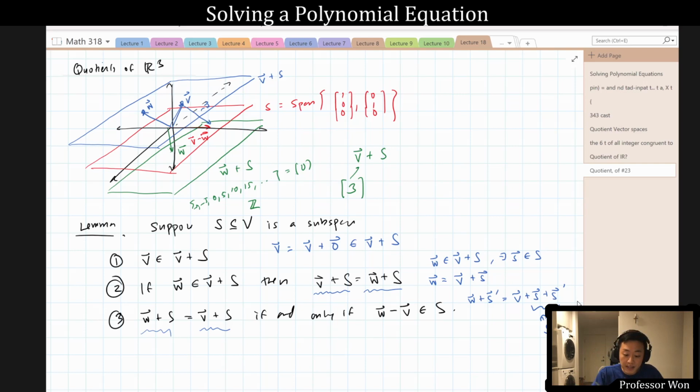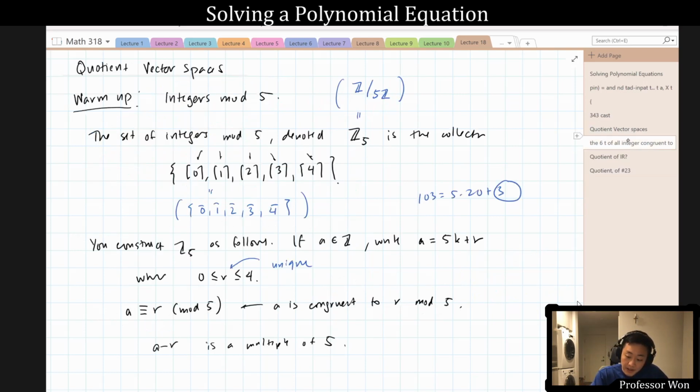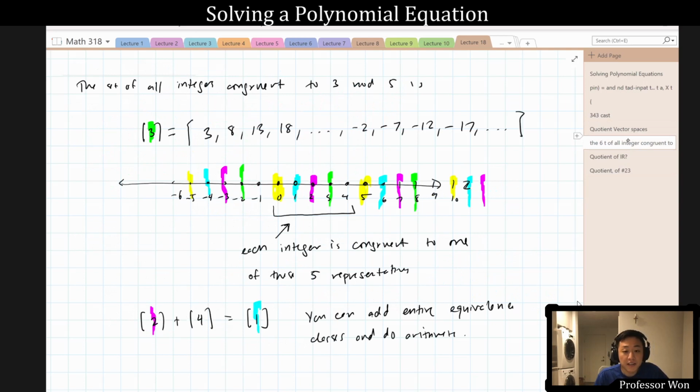So this picture here is meant to be evocative of this picture here. Here, S is like the yellow points, and you can slice up the integers into a bunch of stuff that's parallel to the yellow set. You have the entire yellow set, you shift it over, you get the entire blue set, you shift it over, you get the entire pink set.